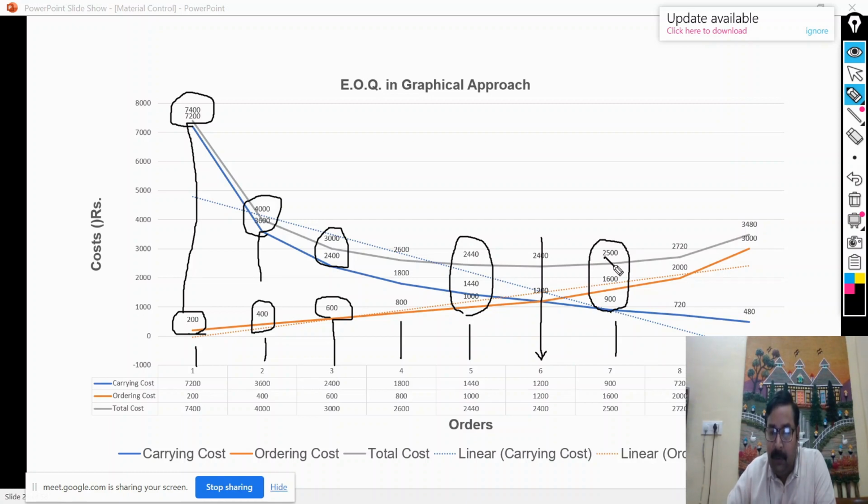In this situation the total cost is 2500, in this 2440, but at economic order quantity, EOQ, the total cost is 2400, that is the least total cost.